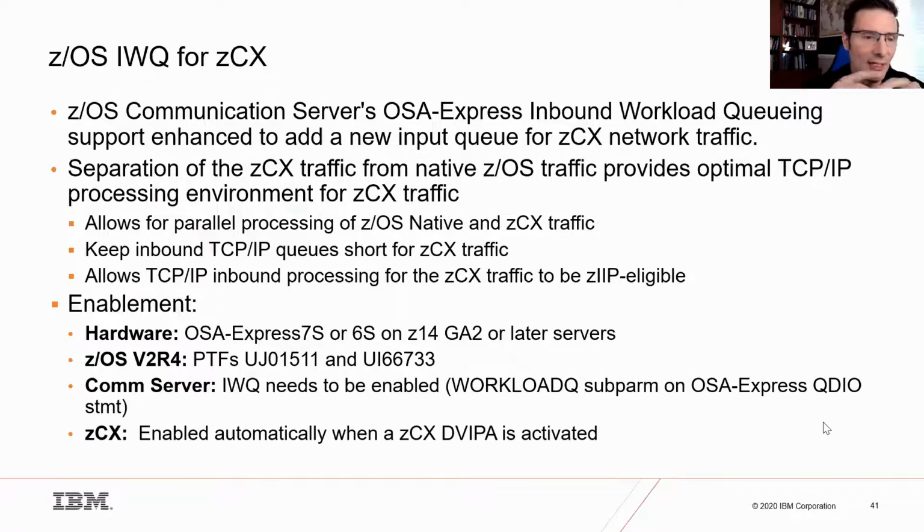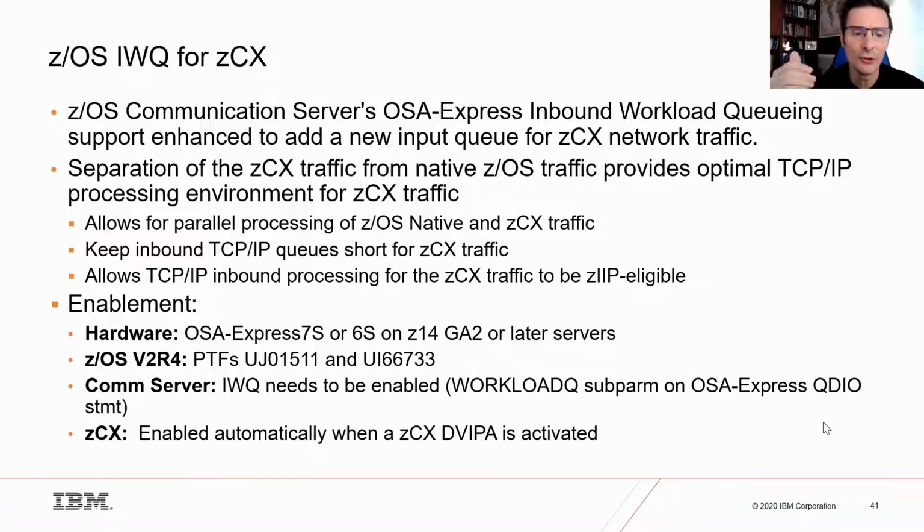And what the inbound work queuing really allows you to do is to segregate traffic coming in on your OSA-Express card. And so separating the traffic that's destined for zCX as opposed to traffic that is to native z/OS traffic allows for really three benefits. One, it allows for parallel processing of the data coming in. z/OS native traffic and zCX traffic can be processed in parallel.